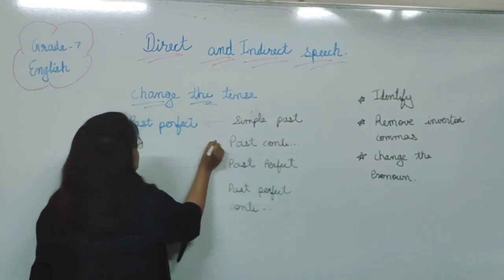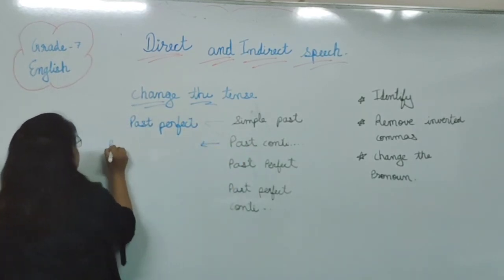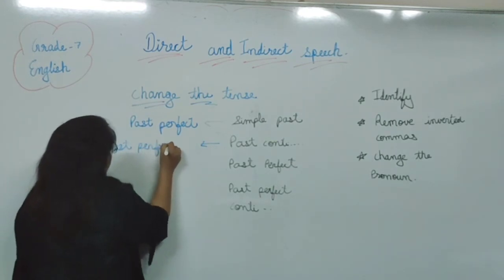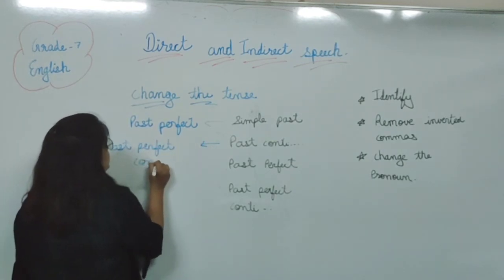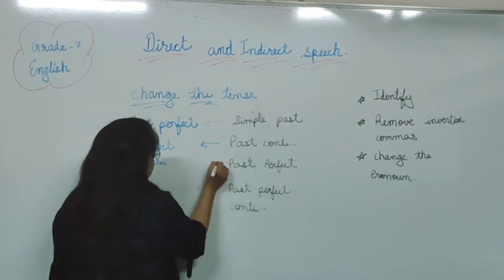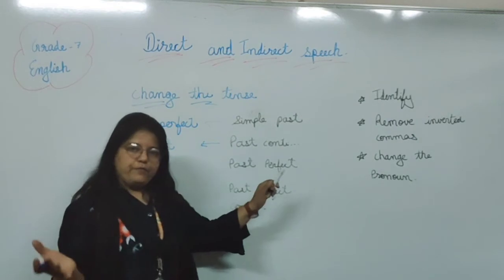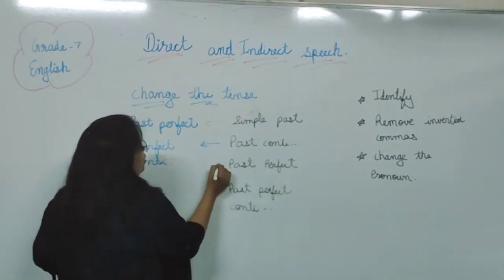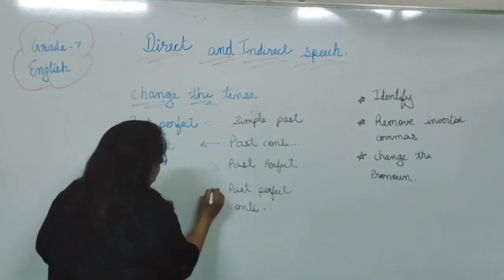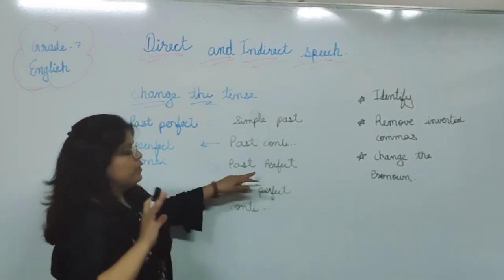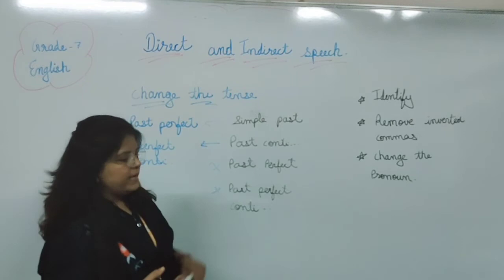And if it is past continuous tense, we will make it past perfect continuous tense. And if the sentence is in past perfect, so what we will do? There will be no change. In past perfect continuous also, we will not change the tense. We will keep as it is.